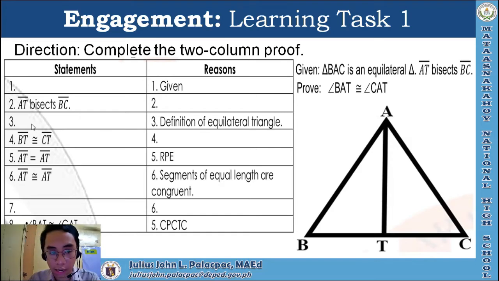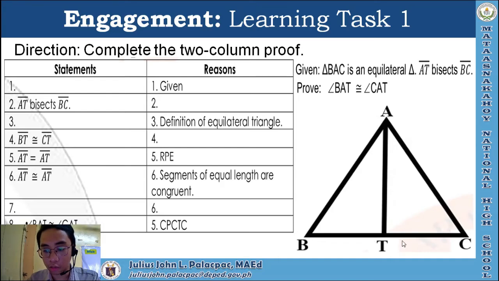We can also see that on our given, we have BT is congruent to CT. Yun ay definition naman of median of triangle. AT is congruent to AT by RPE or reflexive property of equality, and AT is congruent to AT because segments of equal length are congruent.